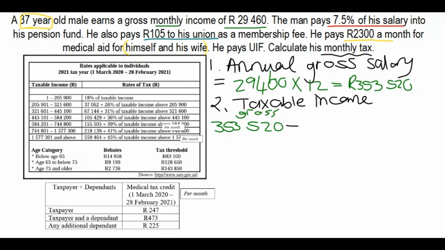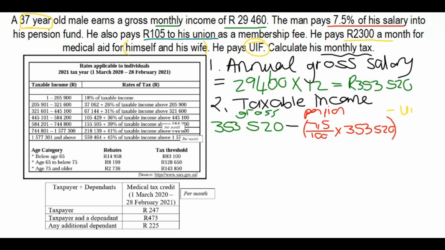minus the deductions. Here we start with his pension fund, which is 7.5%, and if something is 7.5%, it's actually 7.5 over 100, times his salary. In this case we're working with the annual value, so it's his gross salary of 353,520, minus also the UIF that he pays.